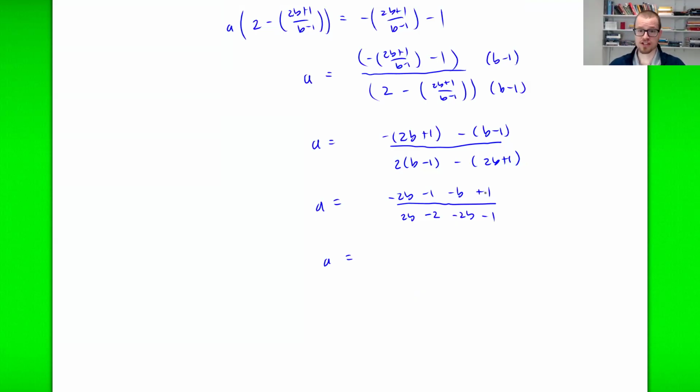My negative 1 and positive 1 cancel. Negative 2b minus b is a negative 3b. My 2b and negative 2b cancel out. Negative 2 minus 1 is a negative 3. The negative 3s cancel, and I have a is equal to b.